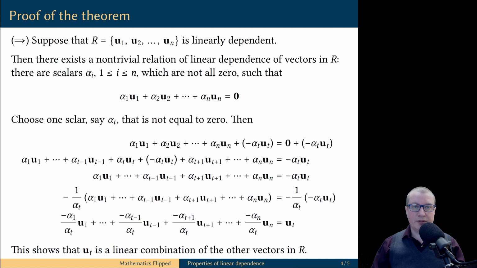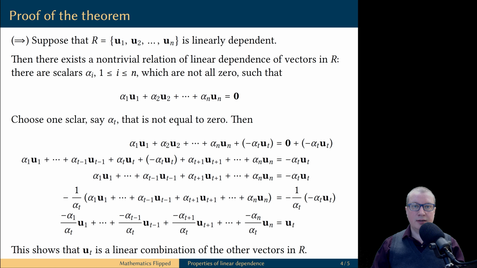Now we simplify this equation using properties of the vector operations. On the left-hand side, we distribute the scalar multiplication over vector addition, and then on both the left-hand side and right-hand side, we use the associative property of scalar multiplication. In particular, the right-hand side simplifies to the vector u t.